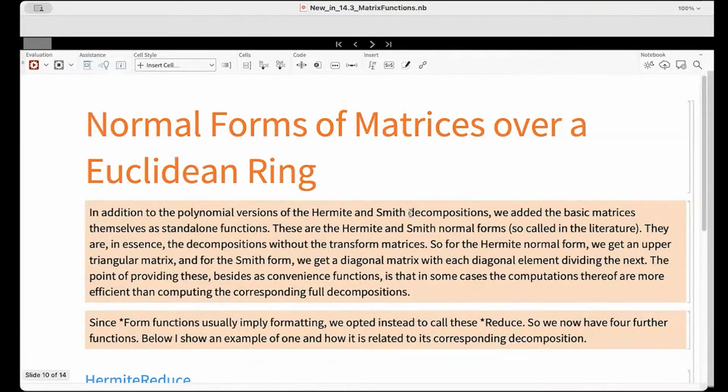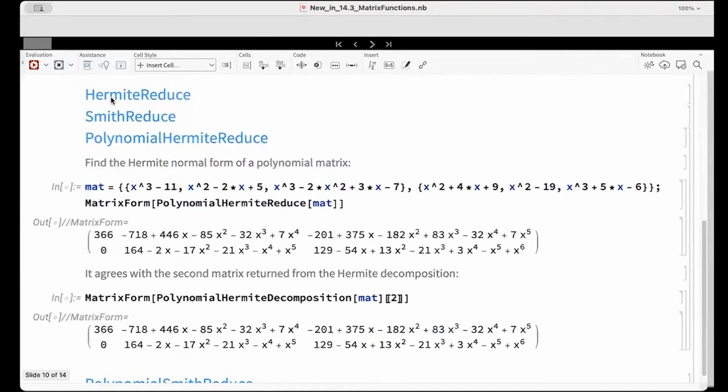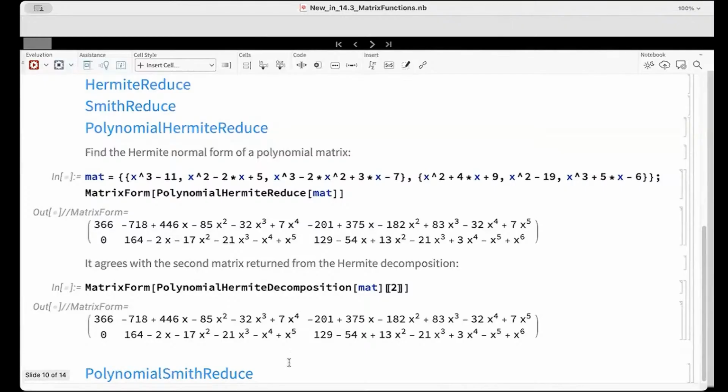So there's some efficiency and sometimes even less memory consumption when we can take shortcuts and just give the normal forms themselves. And so we now do that for Hermite, Smith, the polynomial Hermite and polynomial Smith normal forms.